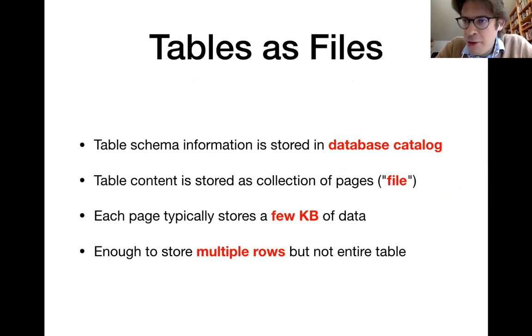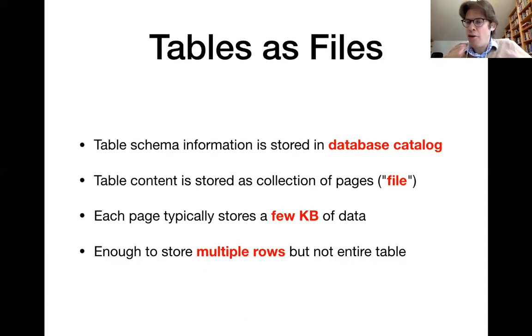Now, this kind of information is stored in something called the database catalog. So that is a central repository of the database where it maintains certain metadata about all the data that is stored. The actual content of a table is stored as a collection of pages.